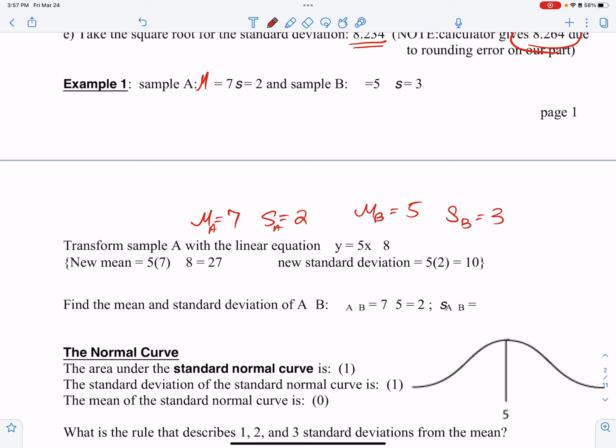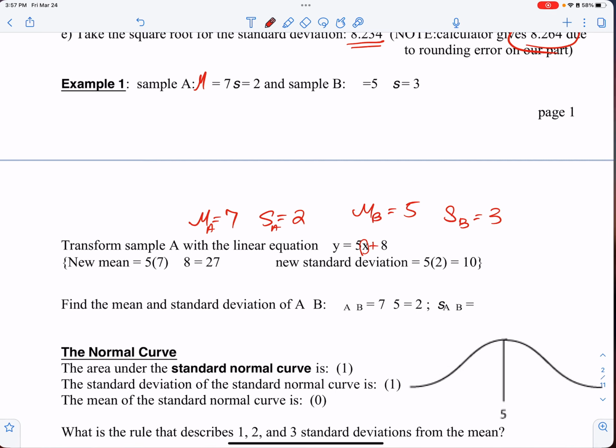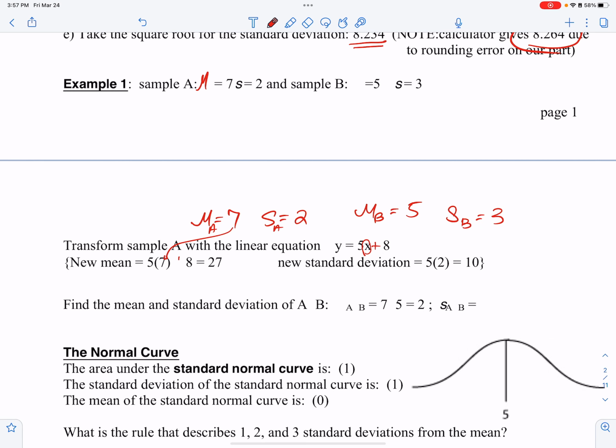So transform the sample A into the linear equation y equals 5x plus 8. So the new mean, all you have to do is put the mean in here for x, so that's 5 times 7 plus 8. That is equal to 43.